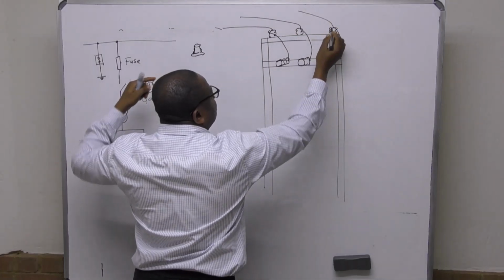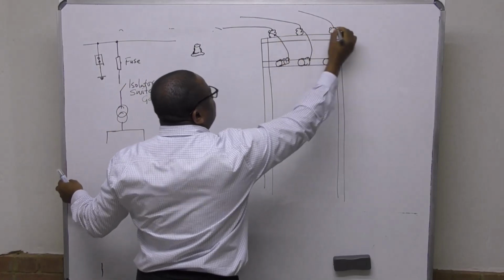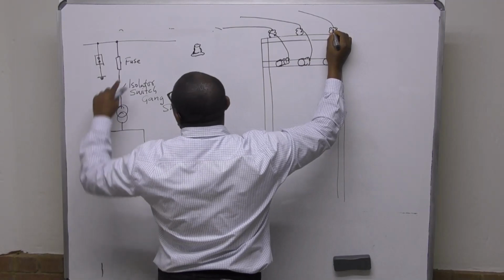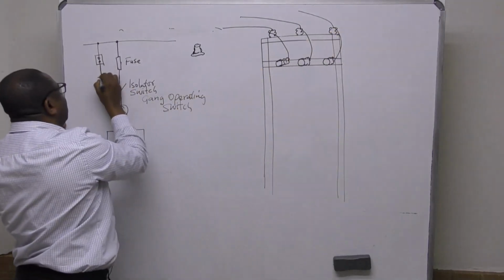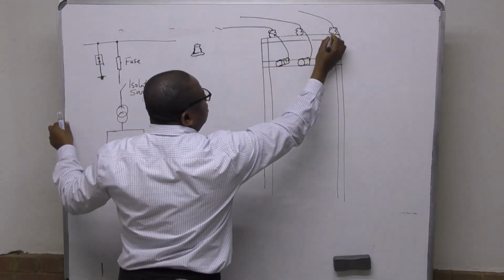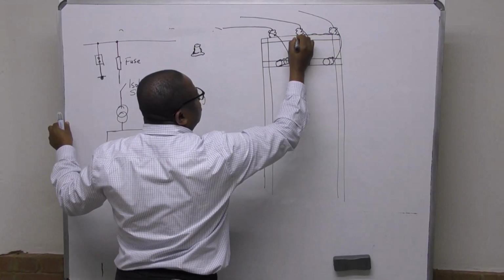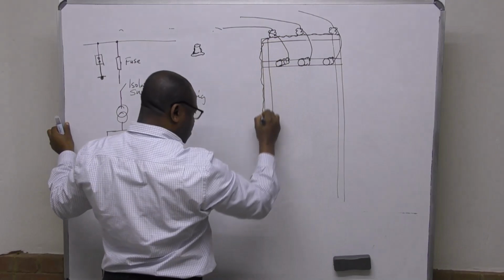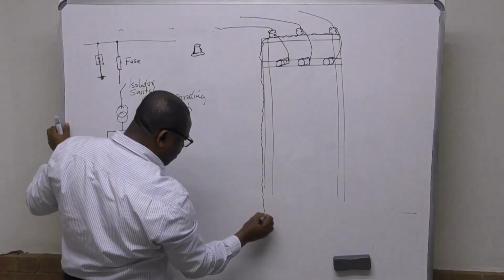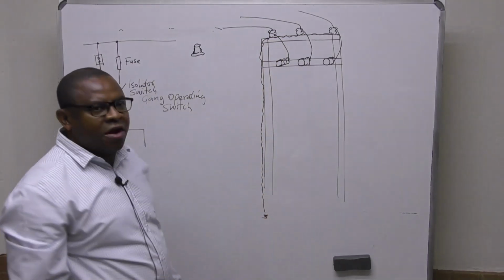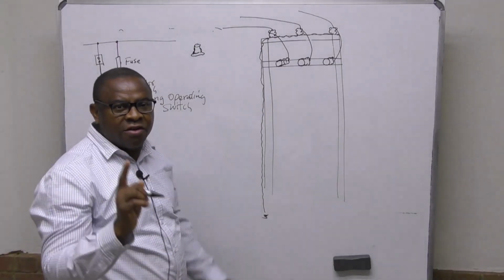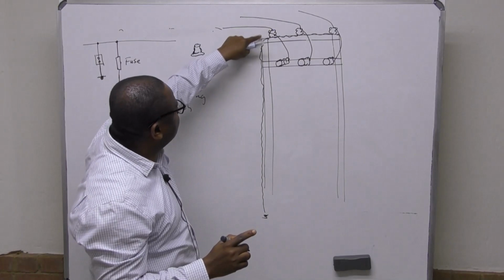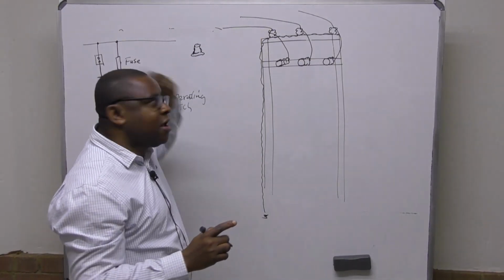And these surge arrestors, this has to be grounded. So there's going to be a wire which needs to go to ground. They have to be grounded. The essence of a surge arrestor is in case there's lightning striking this, we want it to intercept that to the ground. All right.